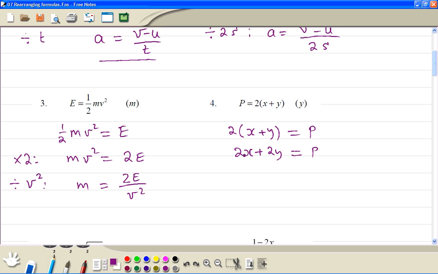Now we get rid of this 2x from the left hand side, so minus 2x both sides. We get 2y is equal to p minus 2x. Now we divide both sides by 2, we get y is equal to p minus 2x all divided by 2.